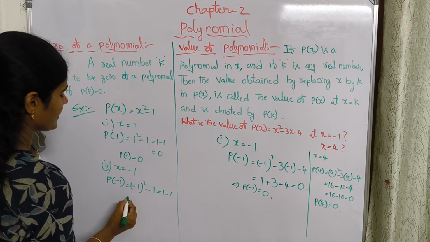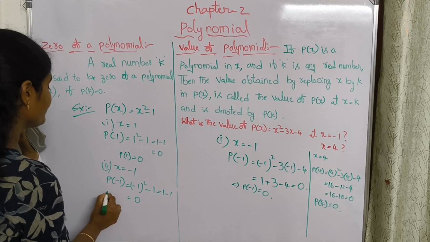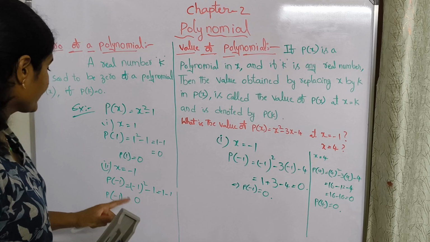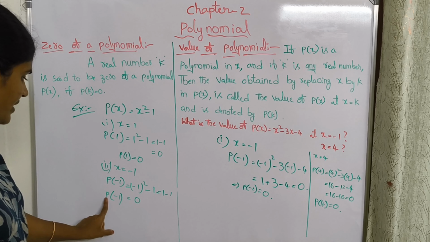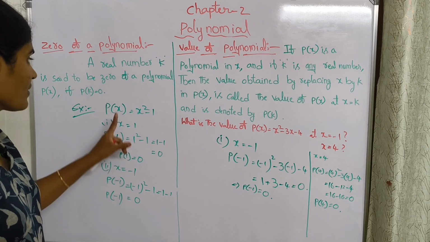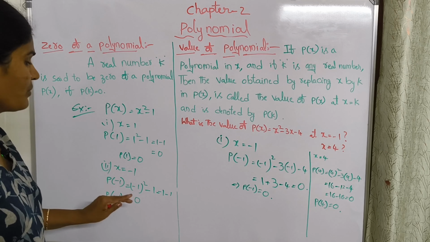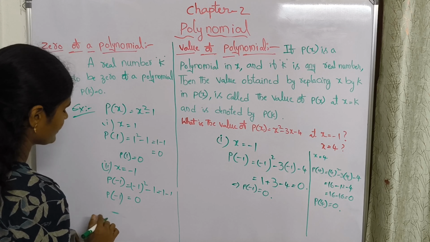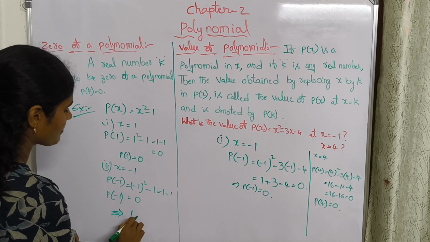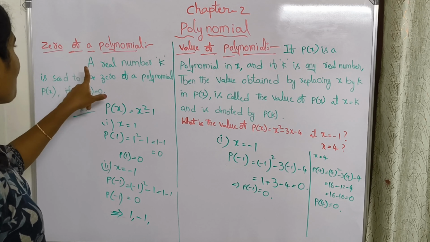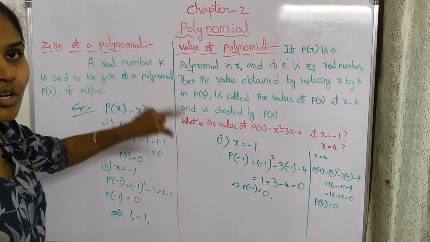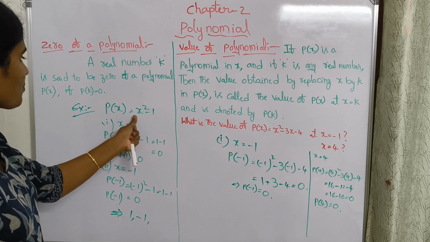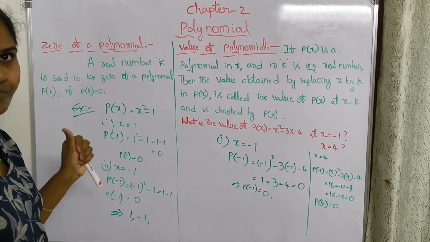So 1 minus 1, again 0. At the values of x equal to 1 comma minus 1, we are getting p of 1 equal to 0, p of minus 1 equal to 0. That implies 1 comma minus 1 are zeros of this polynomial x square minus 1.